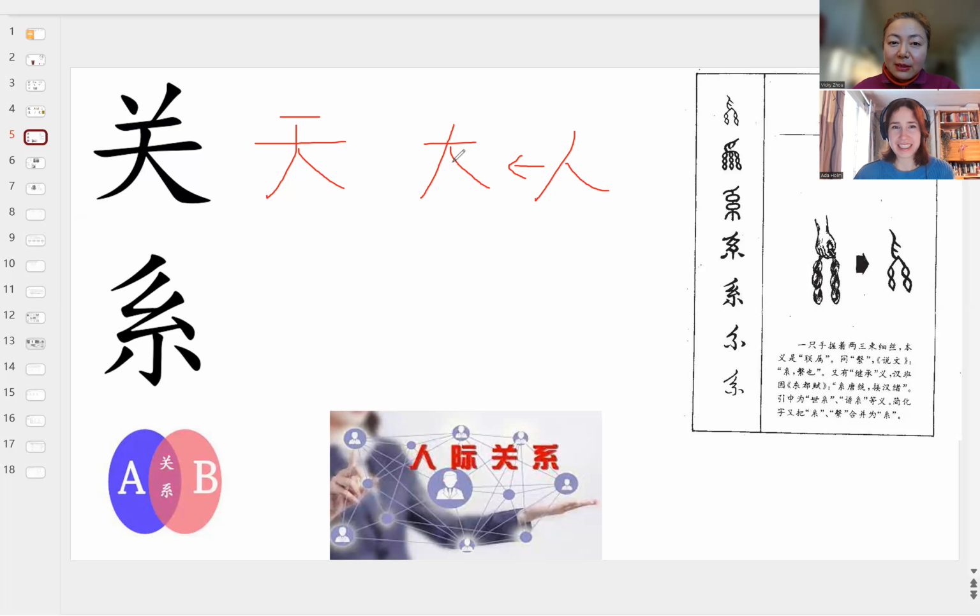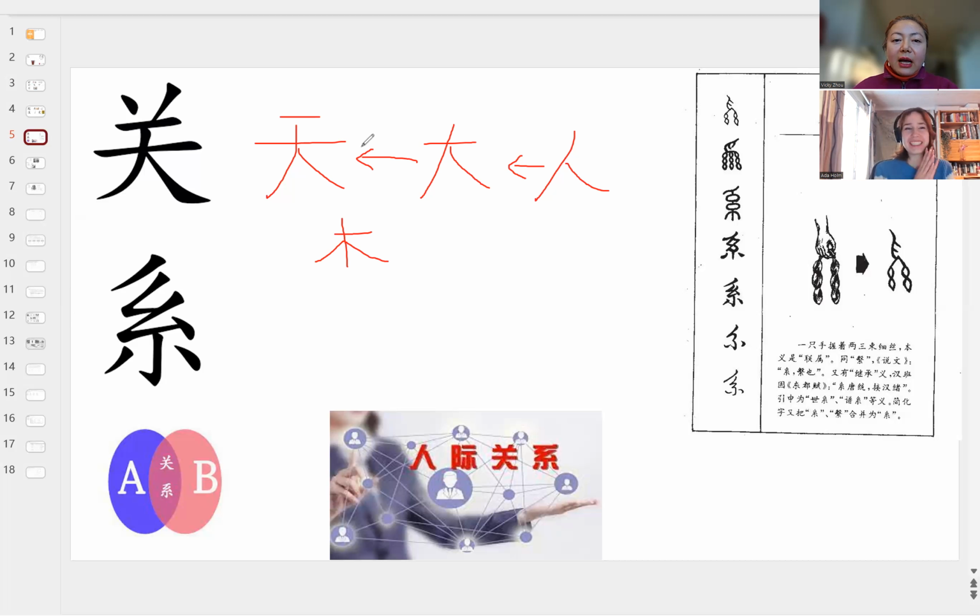Next one. That's 大. Yes, 大. And then this one you know. Is it tree? Tree, no. You need more leaves. This one is tree. Oh yeah, it looks different.